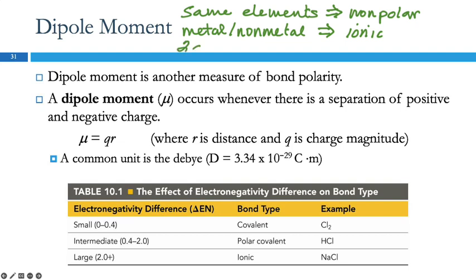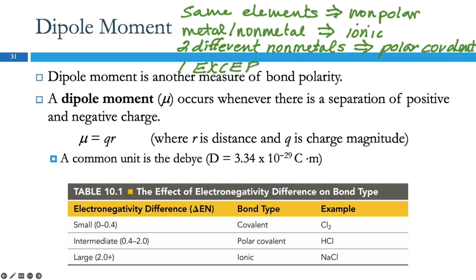What if we have two different nonmetals? There are exceptions, but most of the time they're going to be polar covalent. There's one exception, just one, that I want you to remember: carbon-hydrogen bonds are nonpolar.